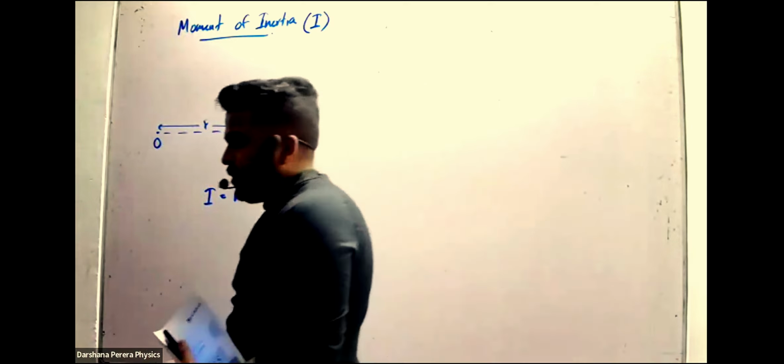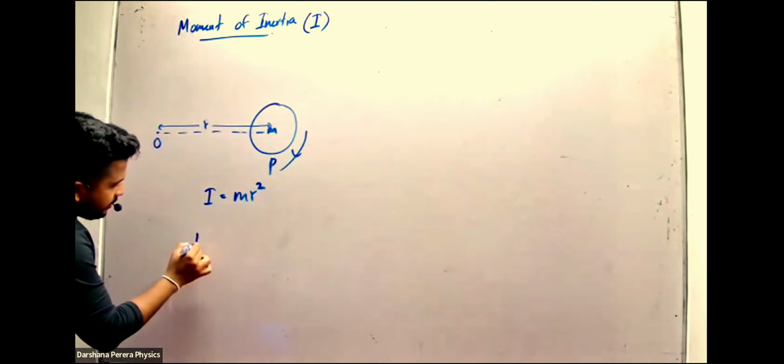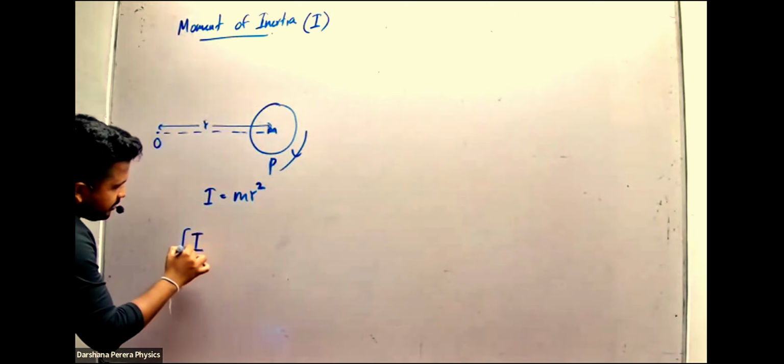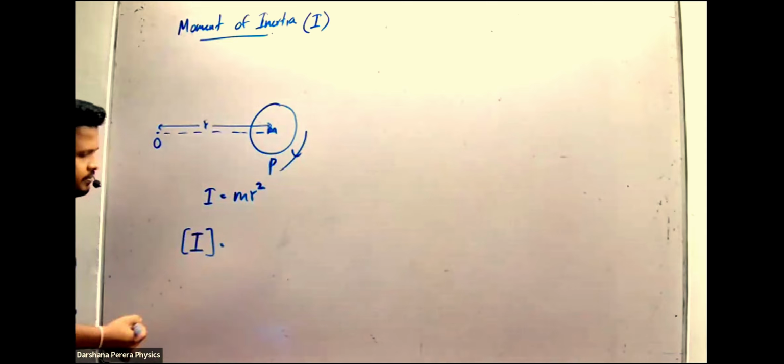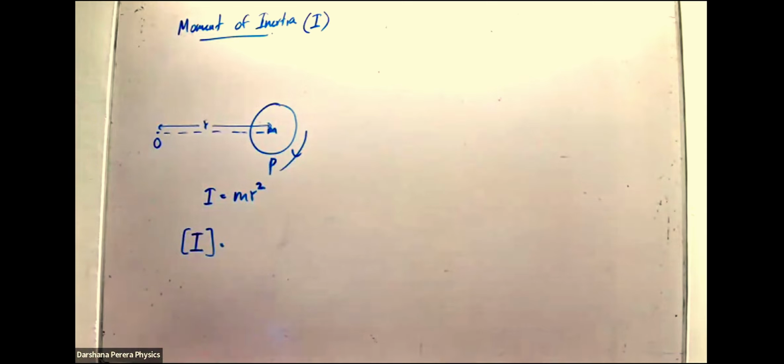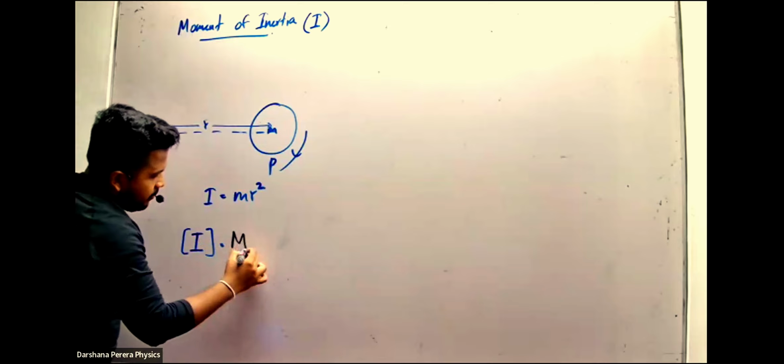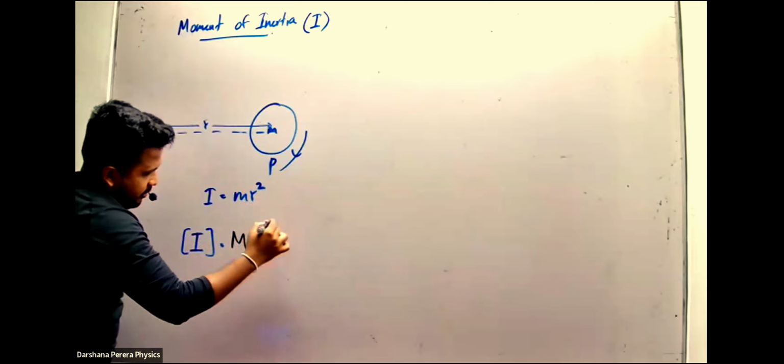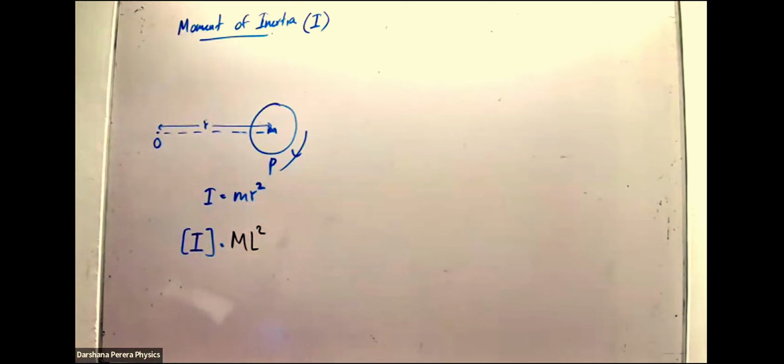So find out the dimension of I. What is the dimension of I? I equals mr square, which means ML square. What is the unit?